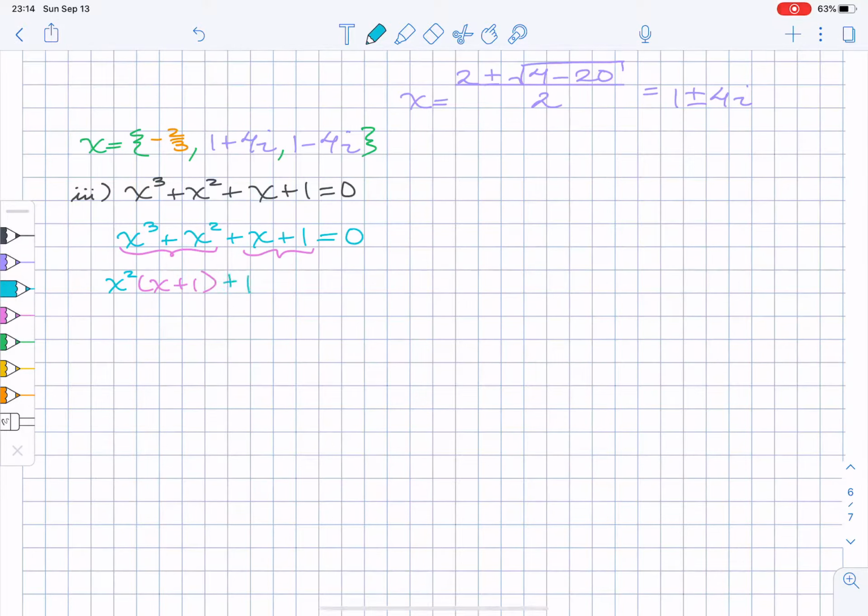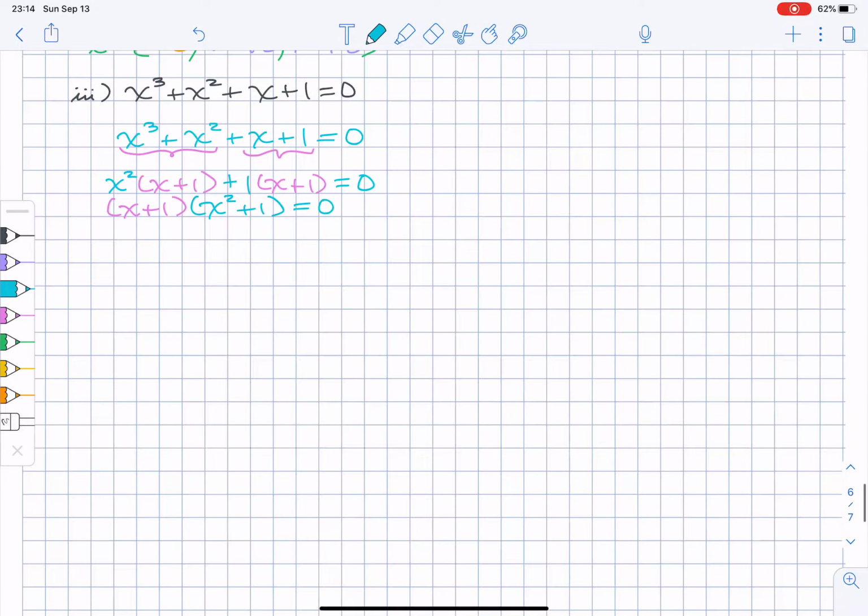If I factor a 1 from the second grouping, there's an x plus 1 remaining, meaning I can factor the x plus 1, and what remains will be the x squared plus 1.